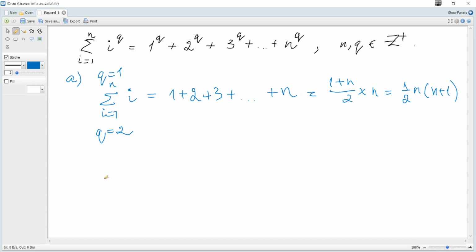B. The following table gives values of n squared and the sum for i from 1 to n of i squared for n is 1, 2, 3.